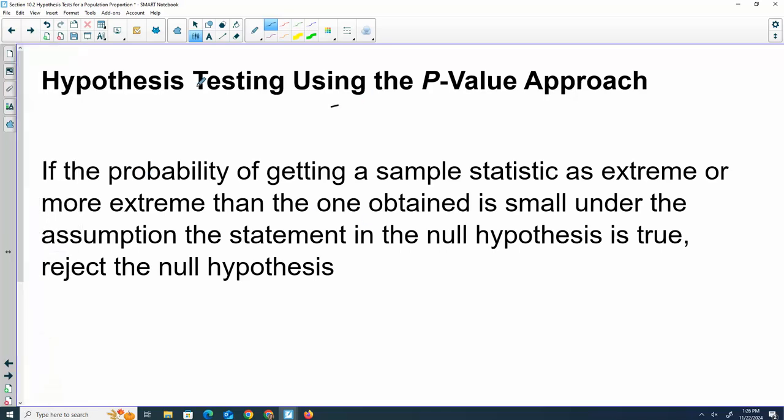So what we're going to do, instead of doing our first example with classical, I'm just going to do p-value. So if the probability, this is when we're looking for the probability of our particular situation, and we reject if it is smaller than alpha. So we're finding a probability if we do it this way.